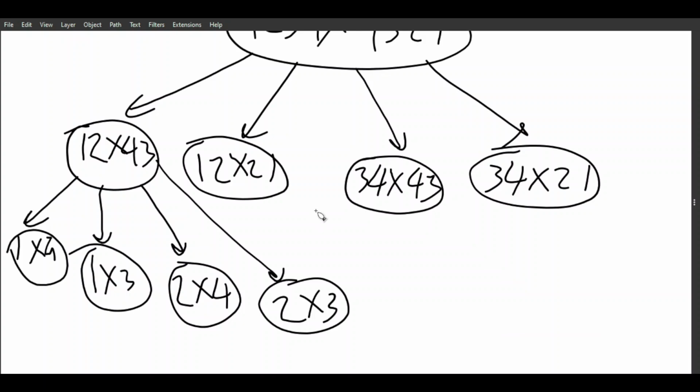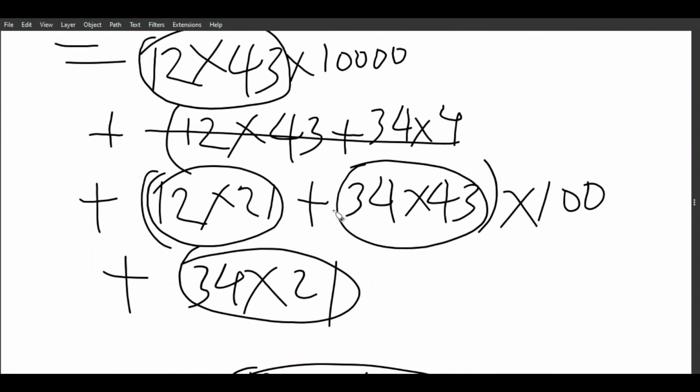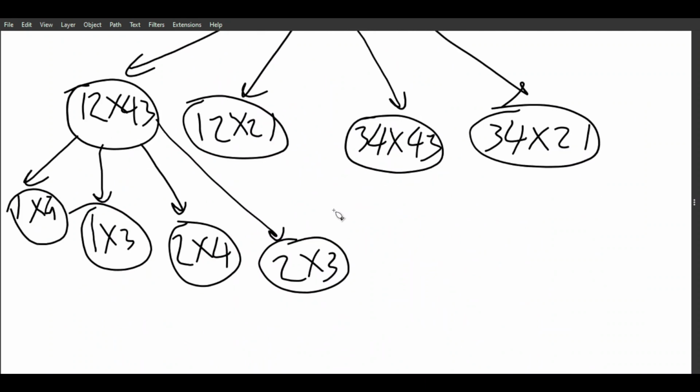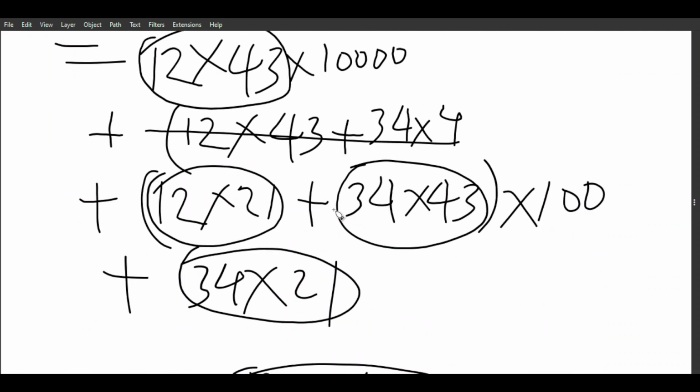So the same identity we apply, similar identity at each step. So once we know the products, we can easily combine them. So just we have to perform addition, shift and add, because multiplication by some power of 10 means simply left shift. So just perform left shifts and add.